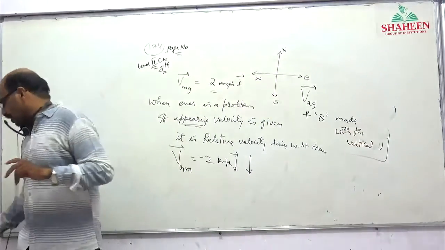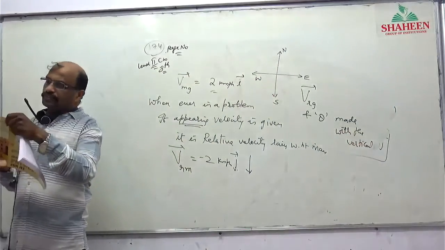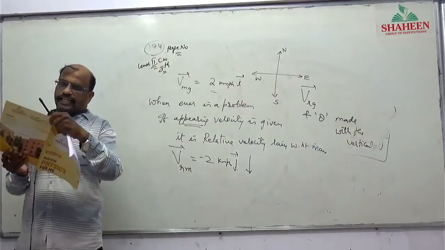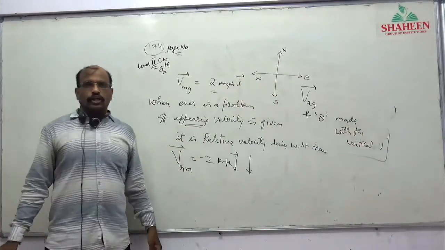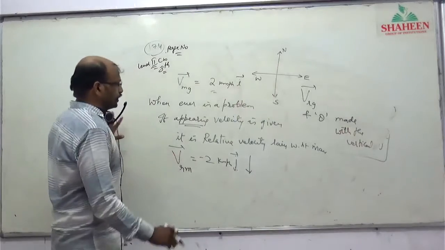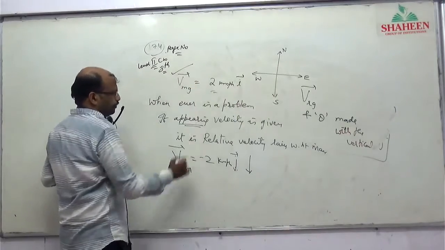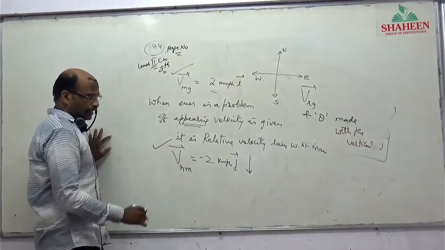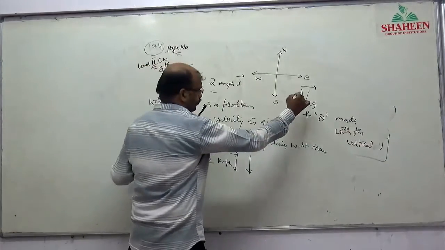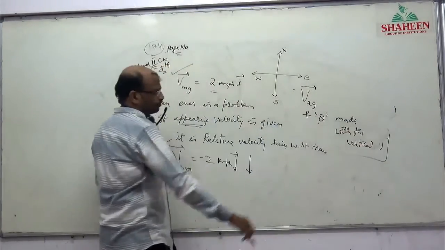Direction of rainfall is also asked. So given are two things: velocity of man with respect to ground, velocity of rain with respect to man. He is asking velocity of rain with respect to ground and theta.